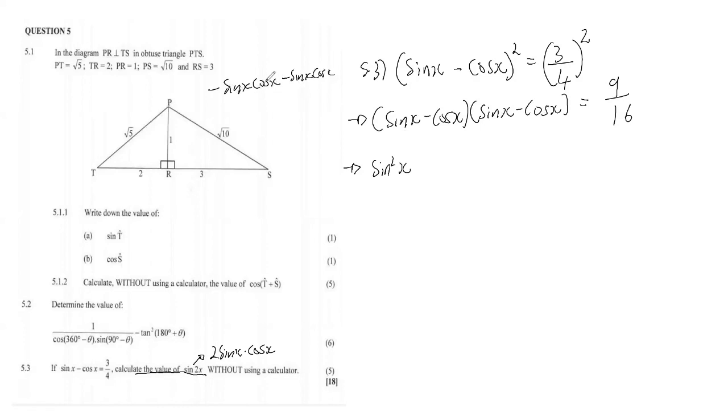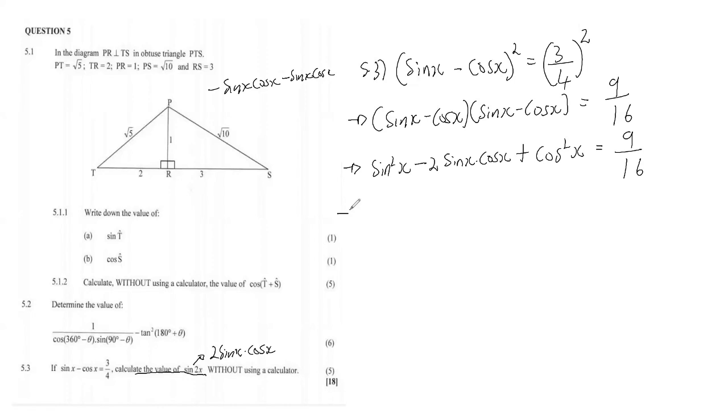Now, can you see this? Adding these ones because they have the same sign, it will be negative 2 sine x cos x as your middle term. And then here I have negative cos x multiplied by negative cos x. This is positive cos squared x, and then is equal to 9 over 16.